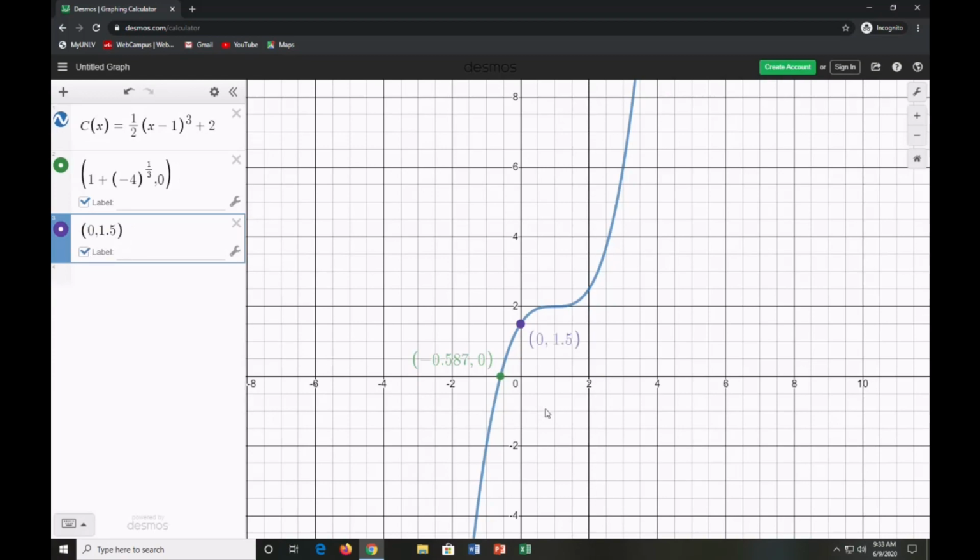And something else is happening here. See where we have a shift from concave down to concave up. I hesitate to use these words because these are terminologies you'll see in Calculus 1.